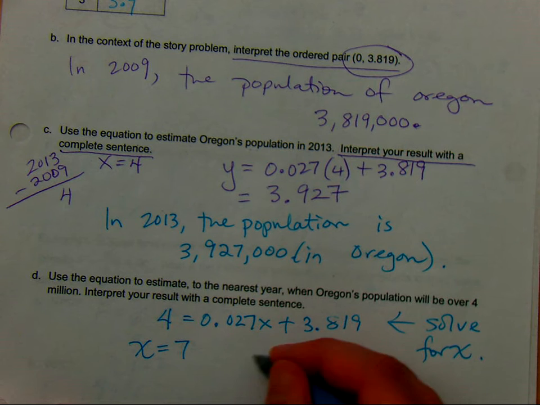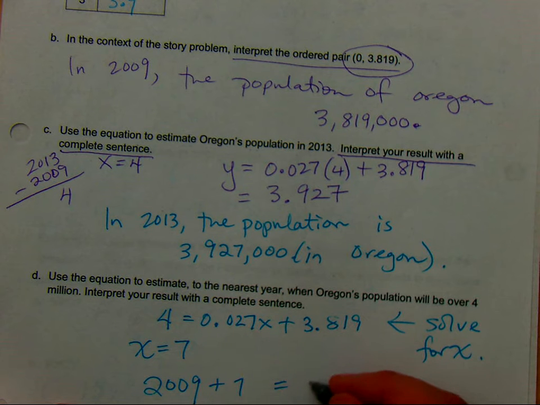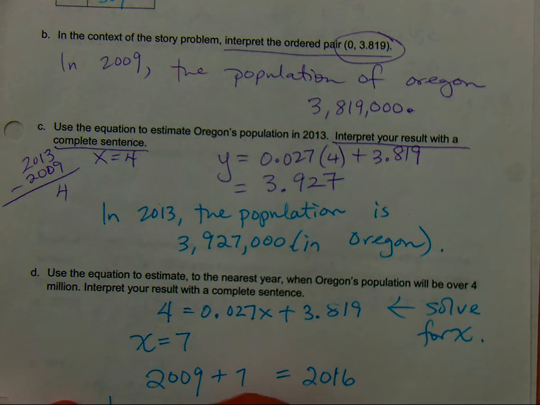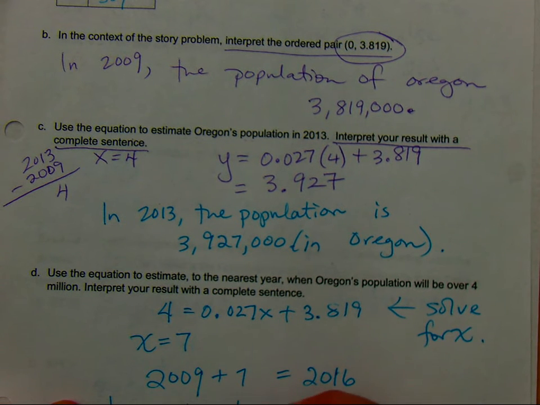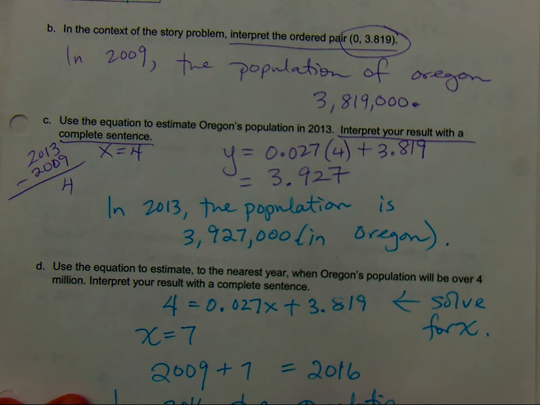X equals 7, so we have 2009 plus 7 years gives us 2016. So in 2016, the population is over 4 million.